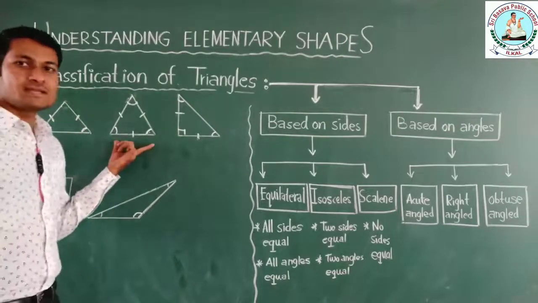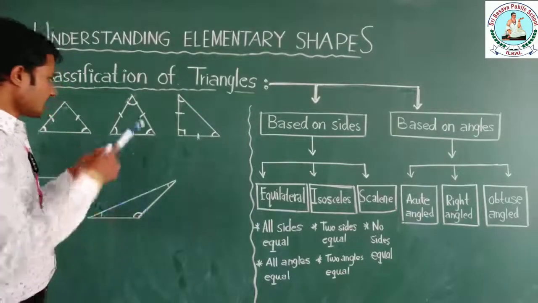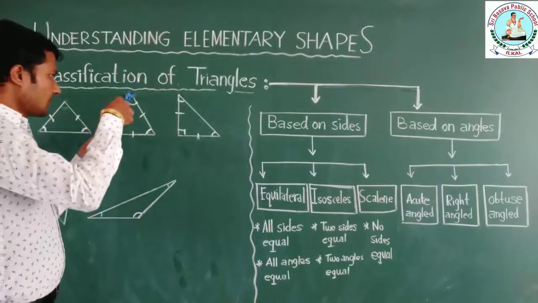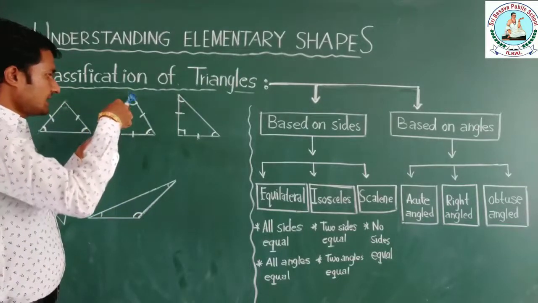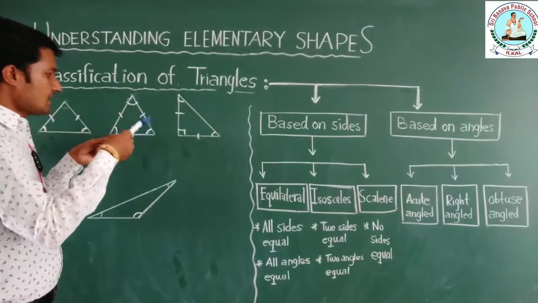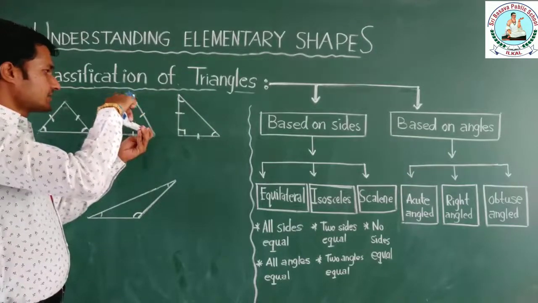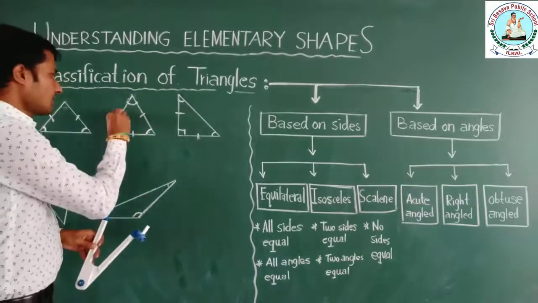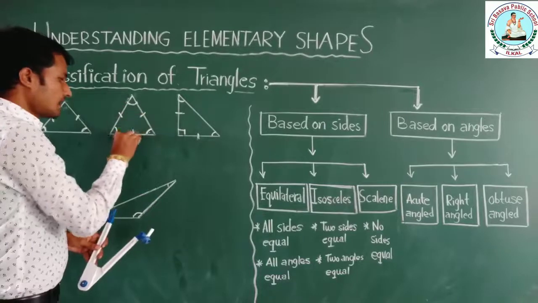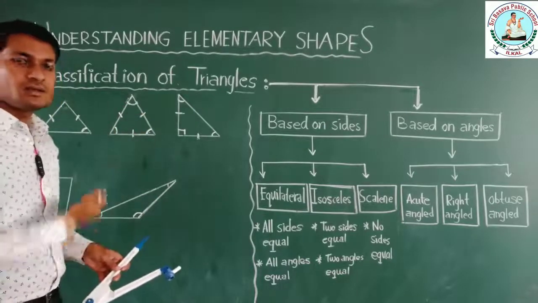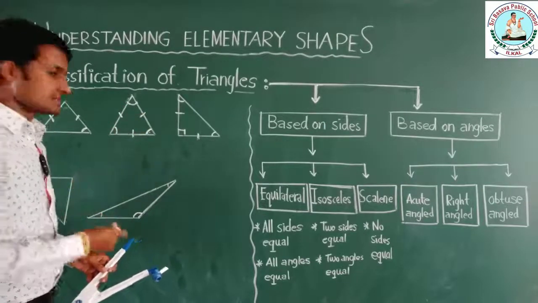Let's go to the second triangle now. In this triangle, let's compare the sides. This side is equal to this side and the same side is also equal to this side, which means in the second triangle all the sides are equal. Then let us see the angles now.